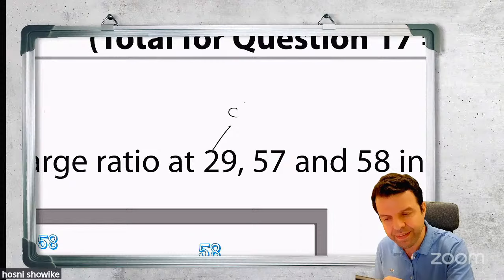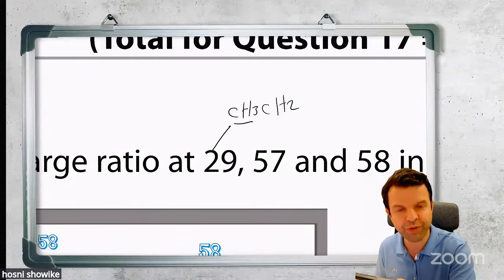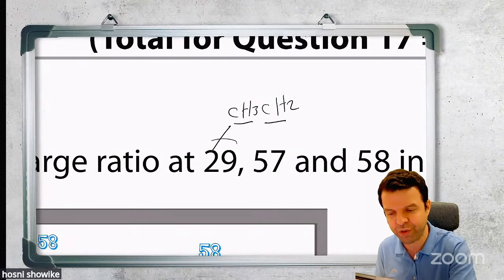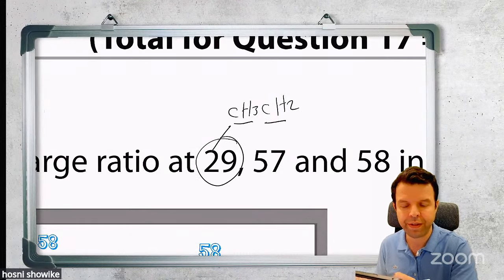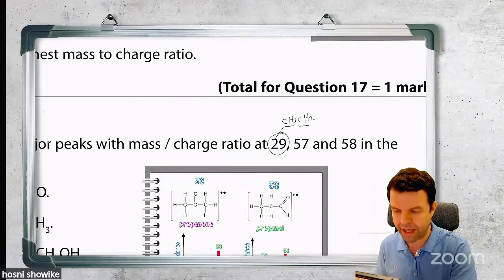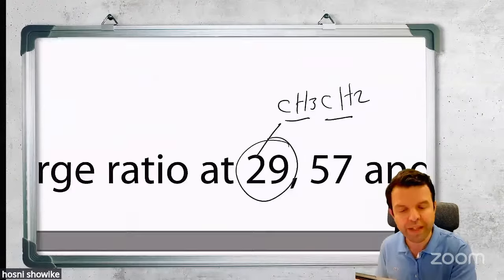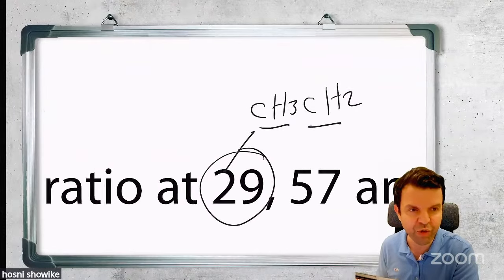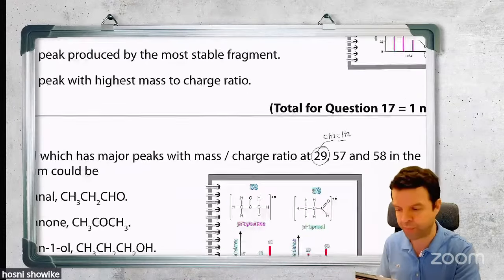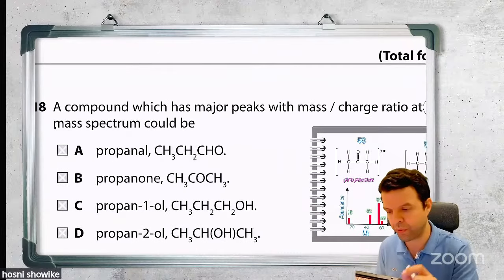This one here, it's CH3, CH2. 15 and 14 is 29. Now, let's go down and find which molecule has this particular fragment. You need consecutive CH3, CH2 in those molecules.